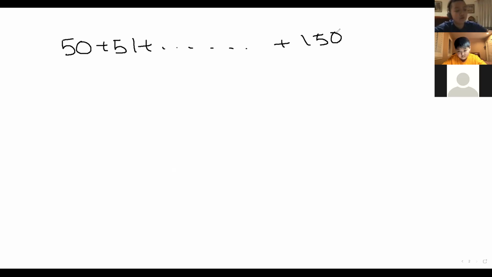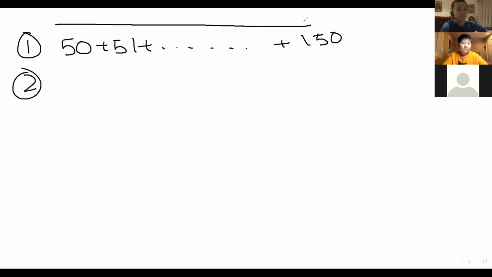We divided it by 2 because we had 2 sets of those numbers, right? There's 2 rows of numbers. The first row goes from smallest to biggest.